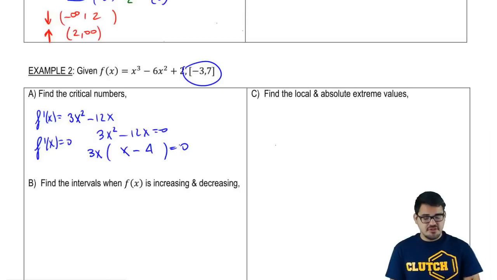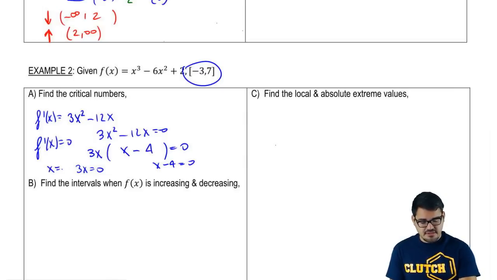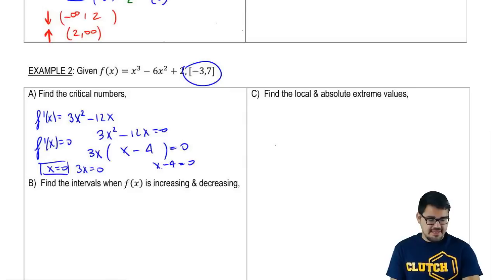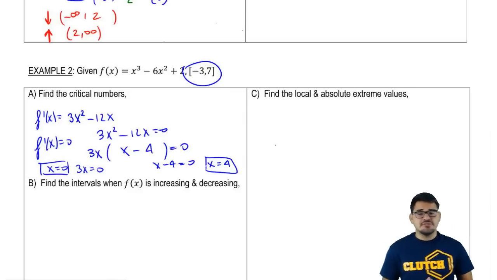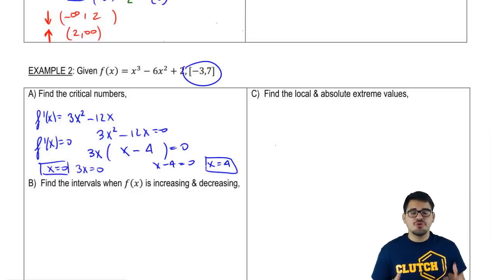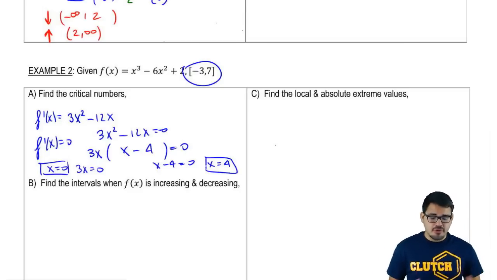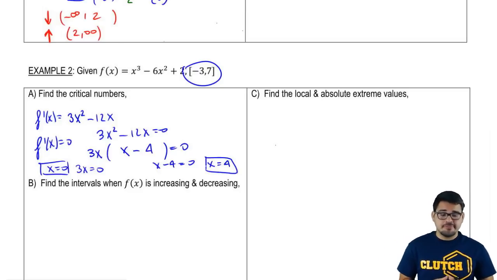So then we set each of them equal to 0. So 3x equal to 0, and then x minus 4 equal to 0. This right here is just going to give me x equal to 0. And the x minus 4 equal to 0 is going to give me x equal to 4, right? So then I have two critical values, two critical numbers that I'm going to be playing with.